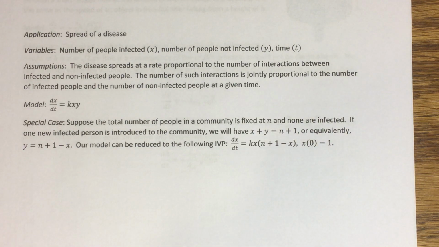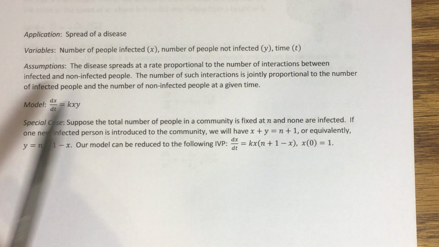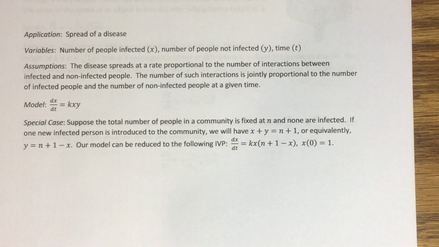And if you have a good intuition about proportionality, you might be able to make sense of why this is a reasonable model. But if not, we're not delving too deep into the derivation of these things.